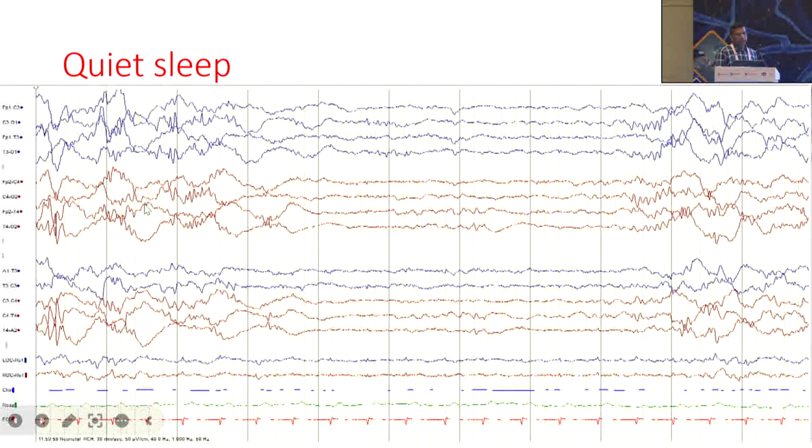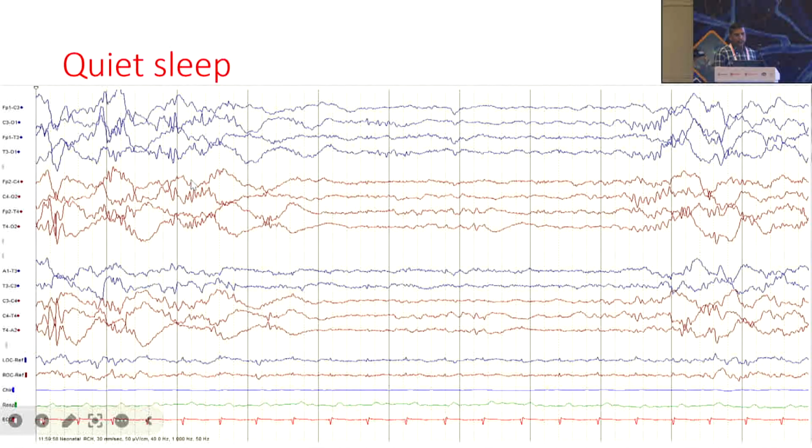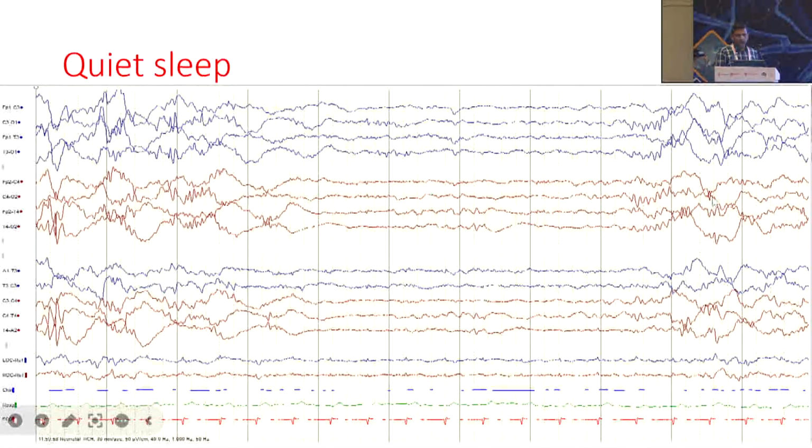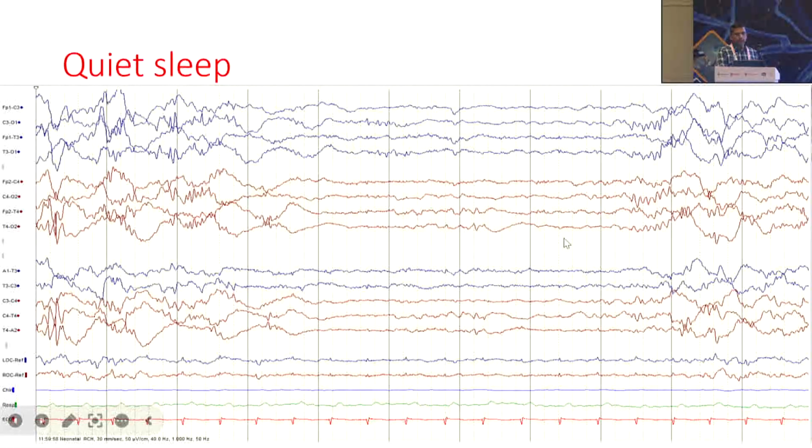In the beginning, you have about 3.5 seconds of activity, which has a higher amplitude and various mixed frequency activities, some sharper elements, some slower elements superimposed. That is a burst. Then there is another burst at the end of the page. But in between, you call it a suppression period or interburst interval. That's the appropriate term. So you have burst and interburst interval.